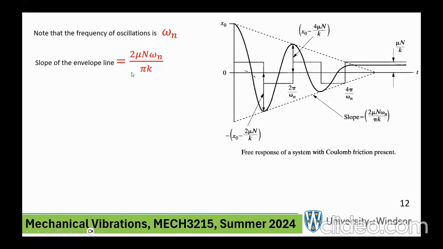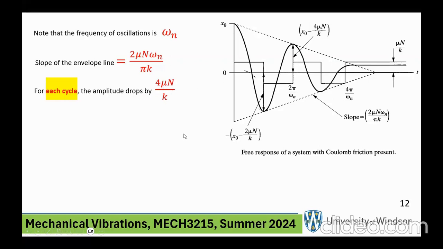The slope of the envelope line, this is the envelope line, is that expression. Now, for each cycle, it drops by 4 mu N over k. For each half cycle, it drops by 2 mu N over k, which is what I said in the previous slide.